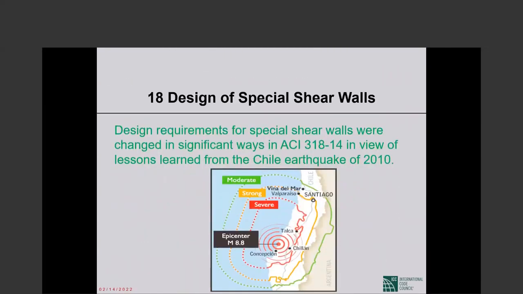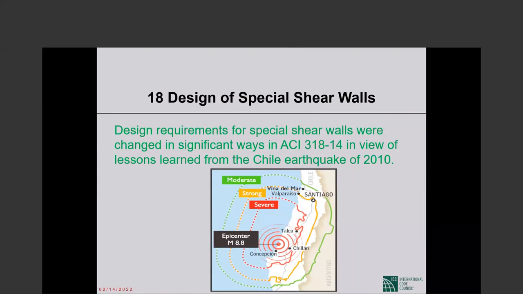Okay, so design of special shear walls for shear. The design requirements for special shear walls were changed in significant ways in ACI 318-14 in view of lessons learned from the Chile earthquake. I said 2010, it was 2011, it was 2010. Okay. So this is something I mentioned at the outset.